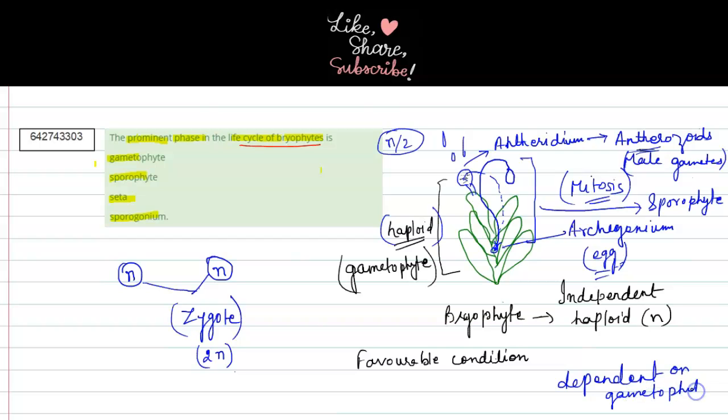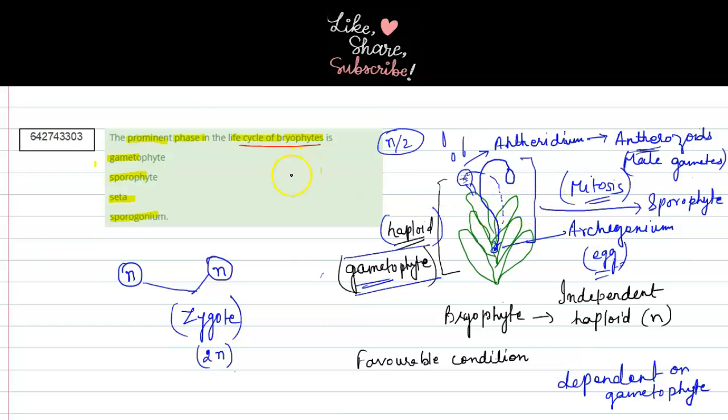You see here, the main plant body, the gametophyte, is long living and the most prominent one, because in the life cycle of bryophytes the gametophyte has a longer lifespan, and it is independent, continuing to produce its own food, but for a very short time this sporophyte comes.